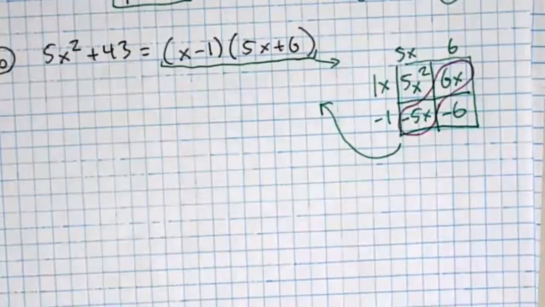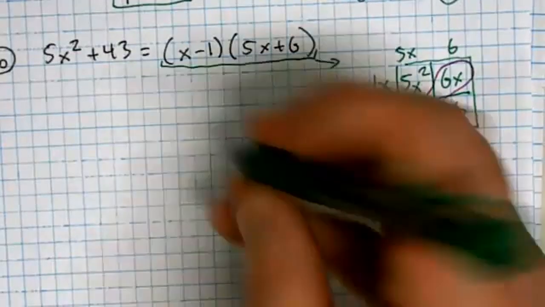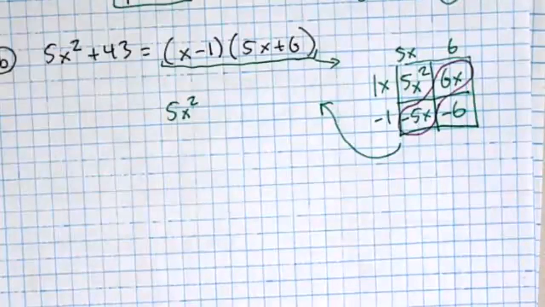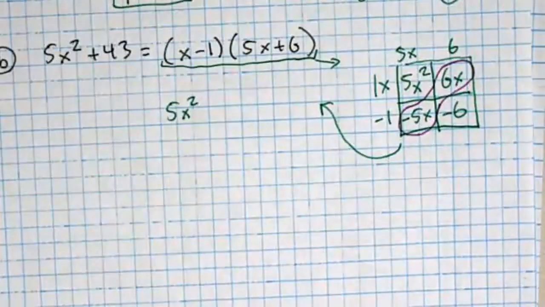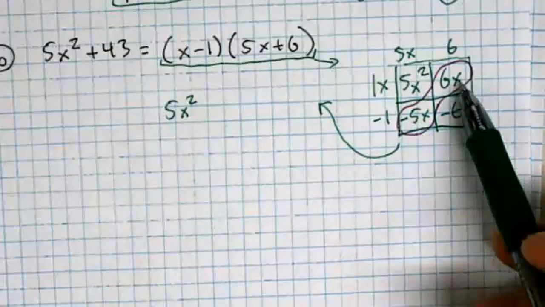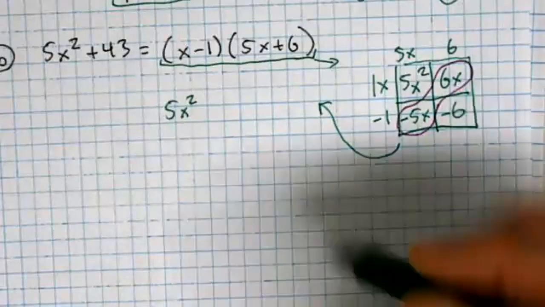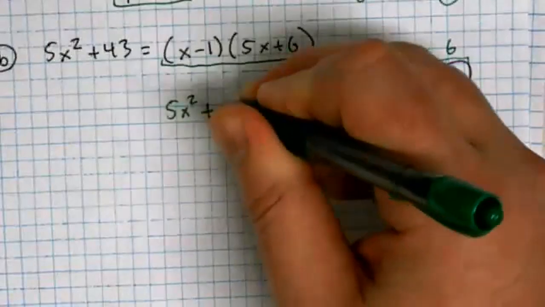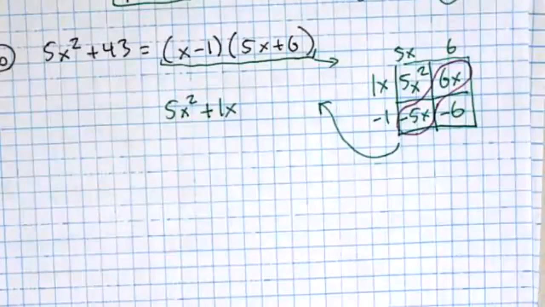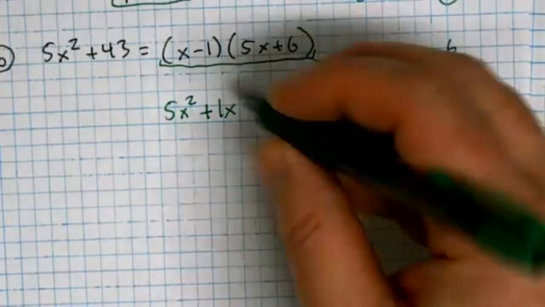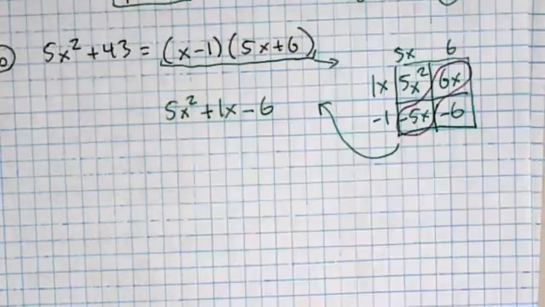I always start with the squared thing, 5x squared. What am I going to get when I combine that -5x and the +6x? Positive 1x, right? So plus 1x, or we could just write plus x. And then we've also got our -6 here. Let's not forget about that. And there we go.